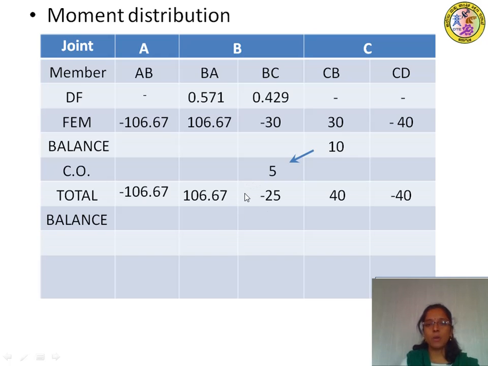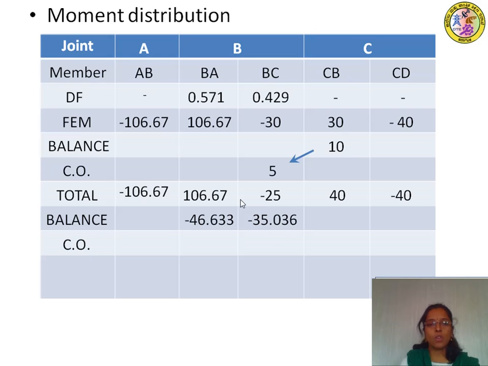Therefore, the balancing moment will be minus 81.67, multiplied with the distribution factors, so that this minus 81.67 can be distributed among the members meeting at joint B. So minus 81.67 into 0.571 is equal to minus 46.633, and minus 81.67 into 0.429 is equal to minus 35.036. That is the balancing of joint B.